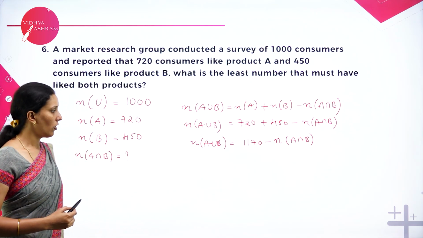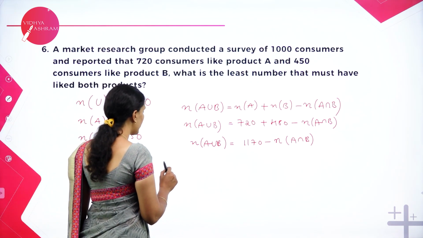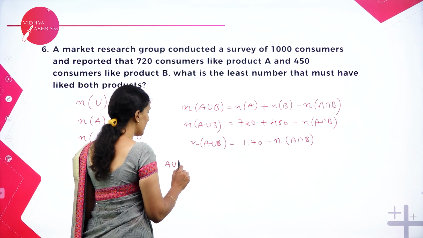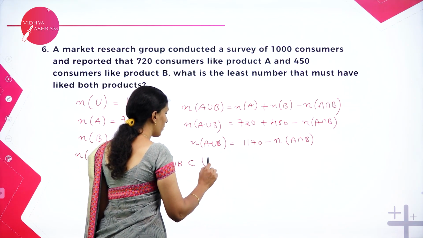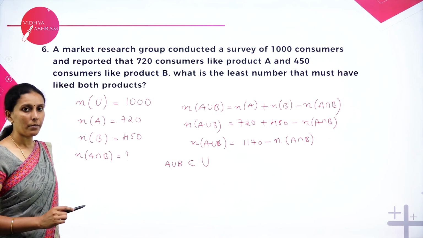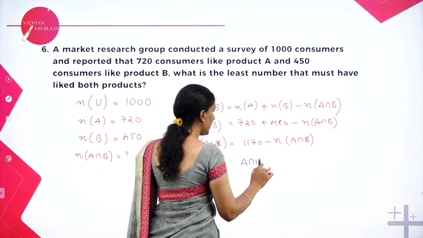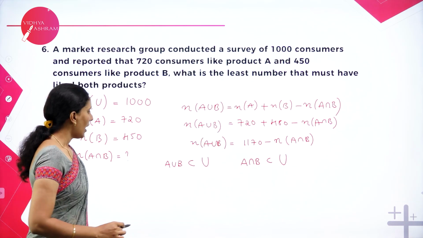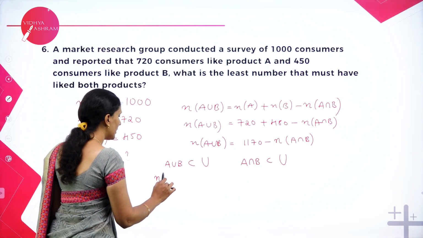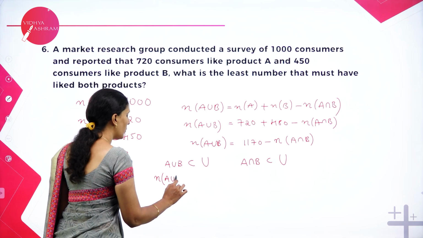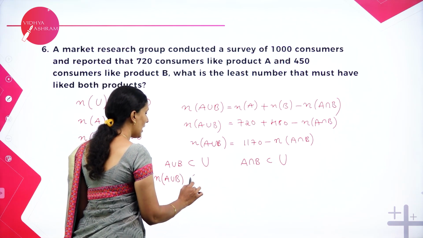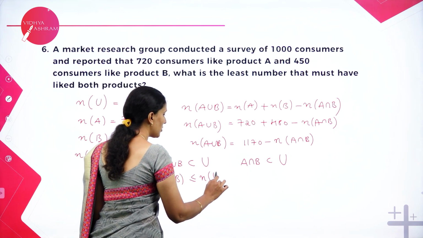Now this is what we got, and we know that A union B is a subset of U. Also, A intersection B is a subset of U. And when I take the cardinality, the number of A union B can be less than or equal to the universal set always.